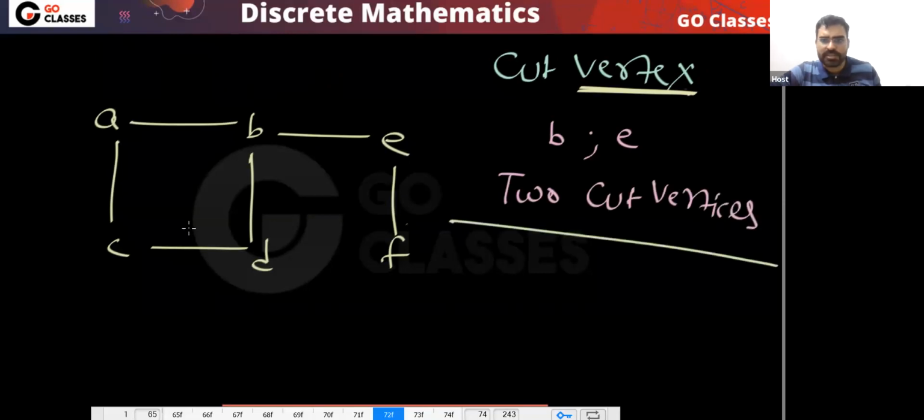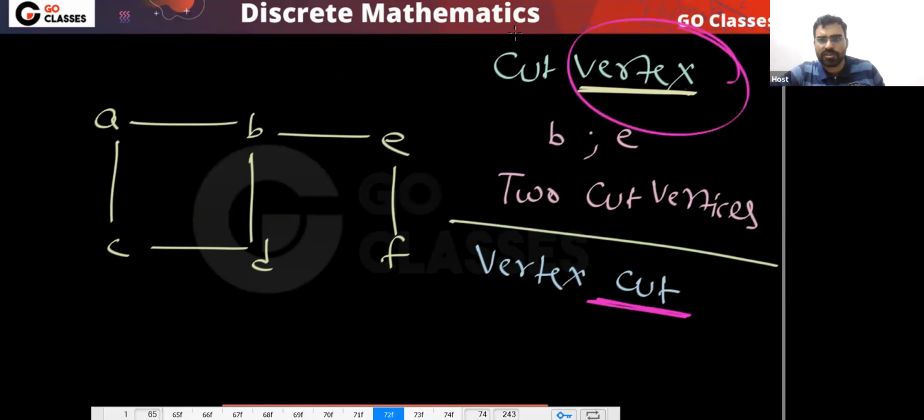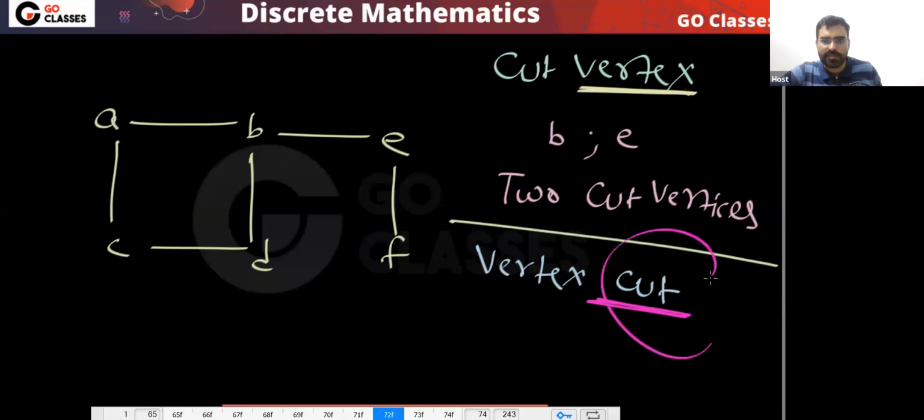And another concept is vertex cut. Here our focus is on cut. Cut vertex means a vertex which will cut. So here our focus is on the vertex, and with vertex cut, the focus is on the cut.